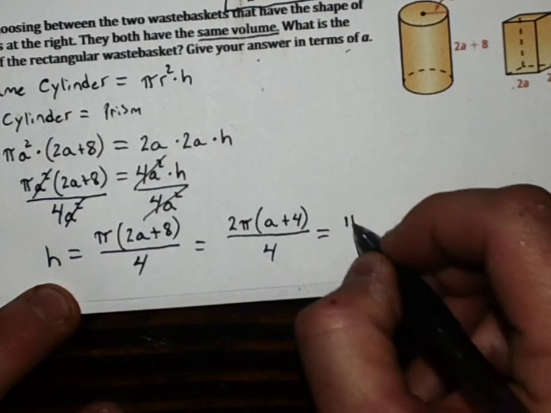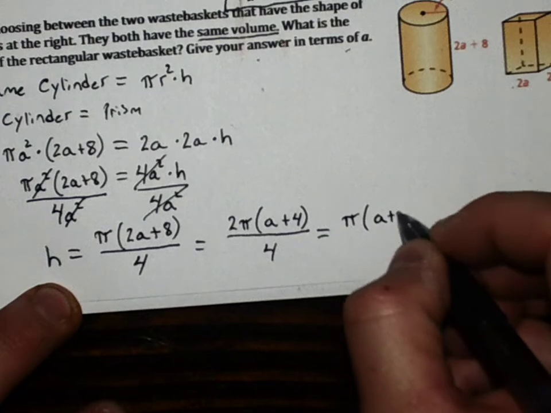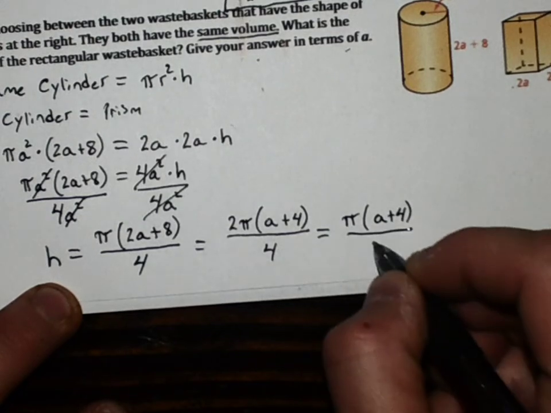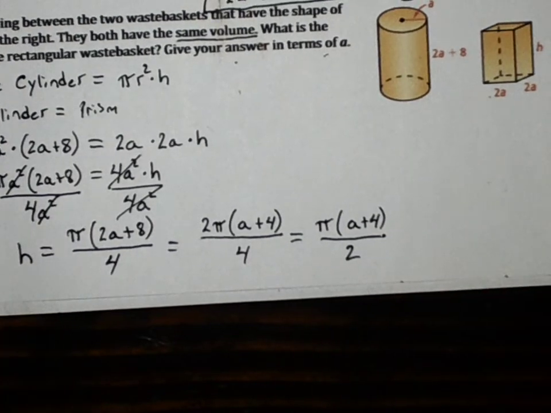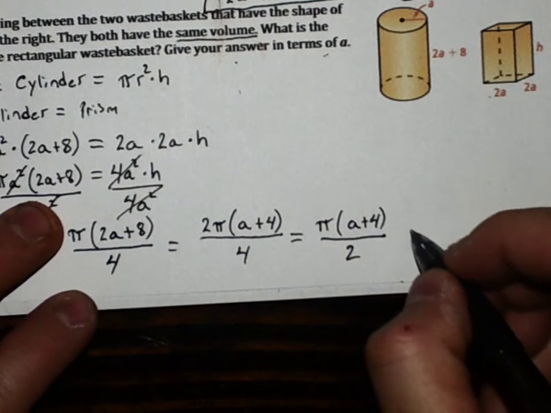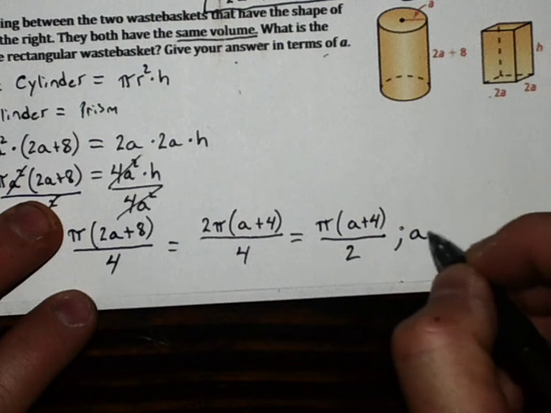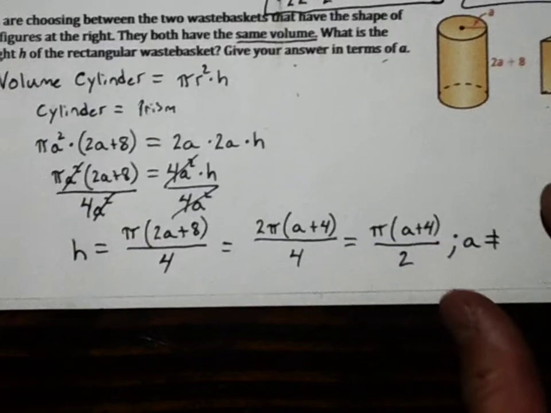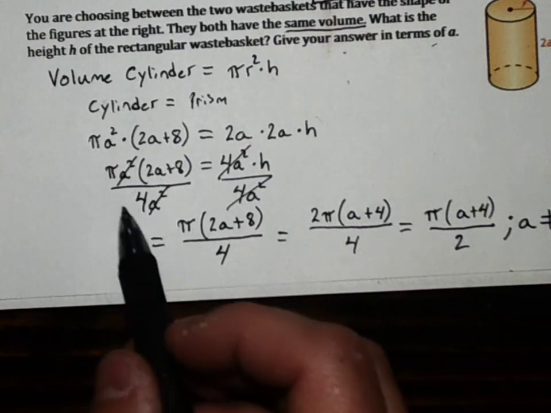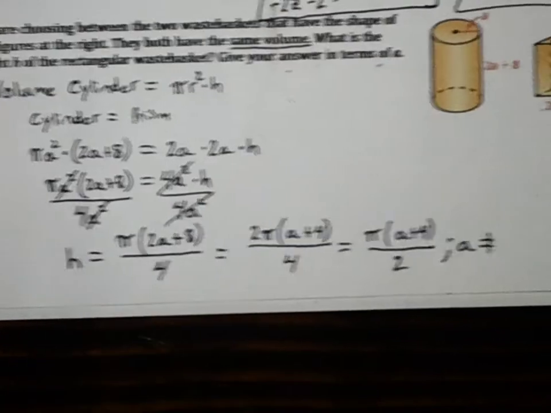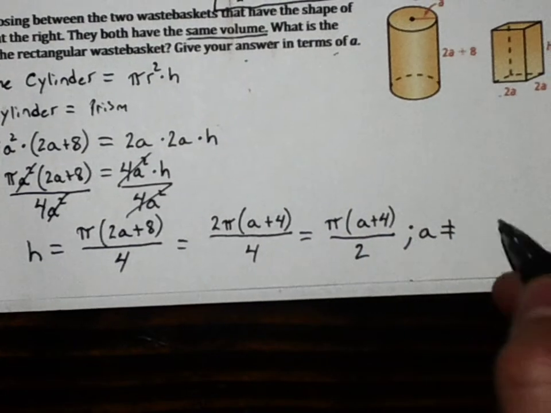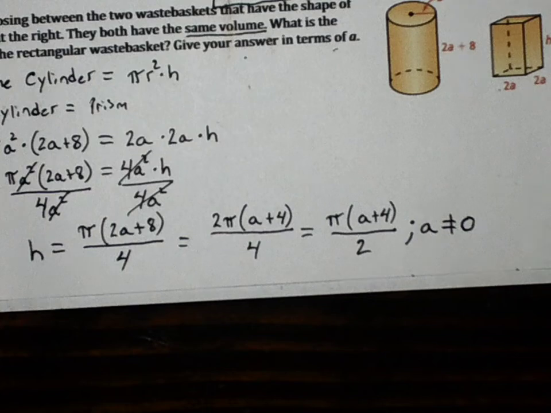So the answer would be pi outside of a plus 4 divided by 2. State your restriction. A cannot equal, what's the only thing that makes the denominator of 4a squared 0? The answer is 0. A cannot equal 0.